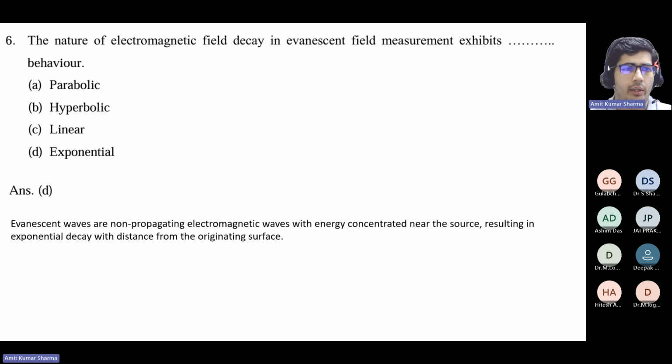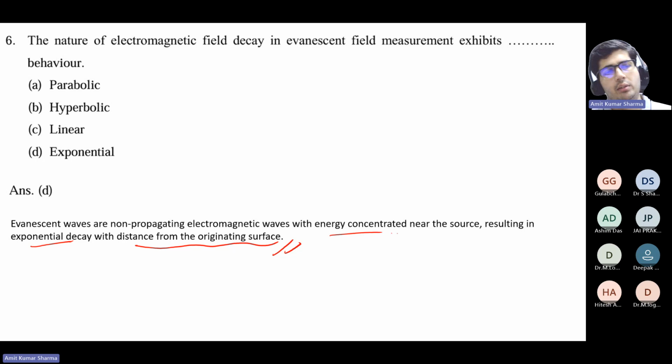The answer is D, exponential. Evanescent waves are non-propagating electromagnetic waves with energy concentrated near the source. This results in exponential decay with distance from the originating surface. So the answer is D, exponential.